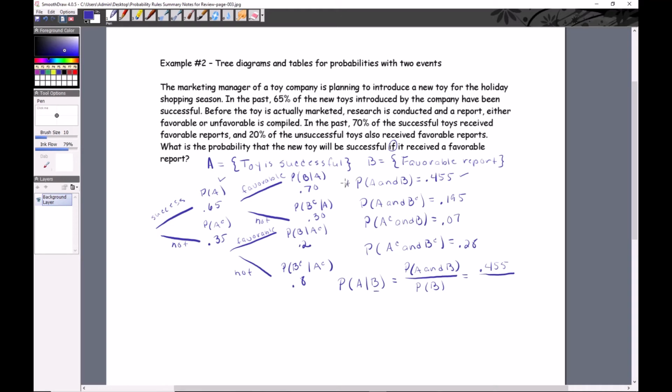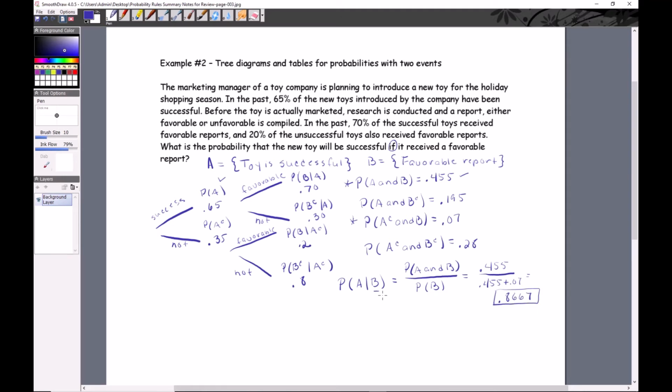So really, it's the sum of these two things that go in the denominator. So that'll be 0.455 plus 0.07, and that should give you 0.8667. So there's the answer.